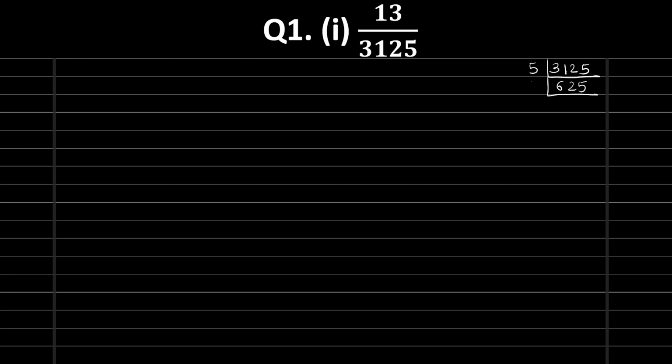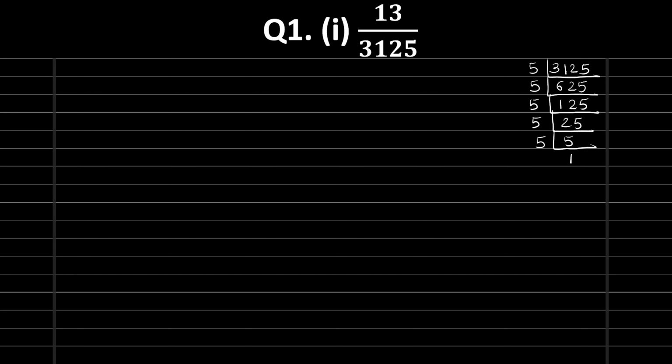Again, it is divisible by 5. So let's divide it by 5. We will get 125. Again, let's divide it by 5. We will get 25. Again, let's divide it by 5. We will get 5 as a quotient. And finally, we will again divide it by 5 in order to get 1 as a quotient.